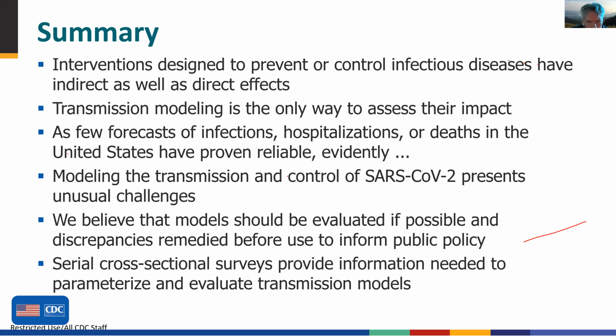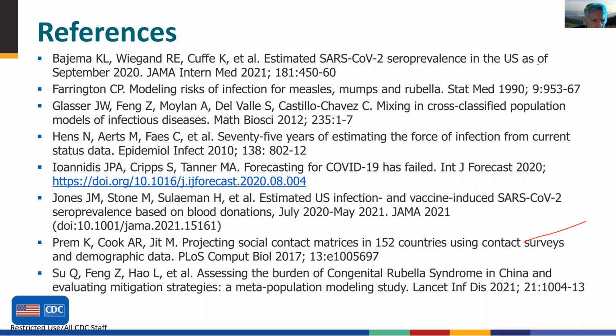And I think that's my next to last slide. I've just got some references. The Beijing and Jones references are to the two serological studies. This was the figure that I just cited, and we made use of the data from Prim et al.